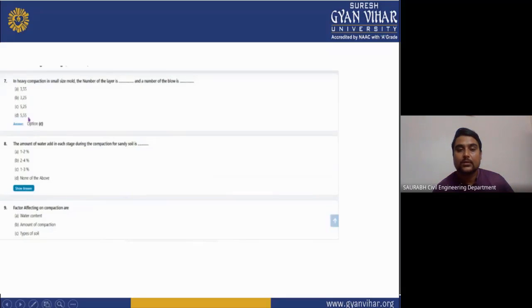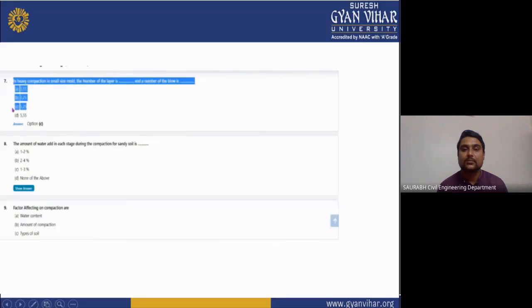So here the right answer will be 5 into 25, meaning the number of layers will be 5 and blows will be 25. So your right answer will be C. This is also a very important question, and you need to remember the number of layers in heavy compaction and the number of blows here.